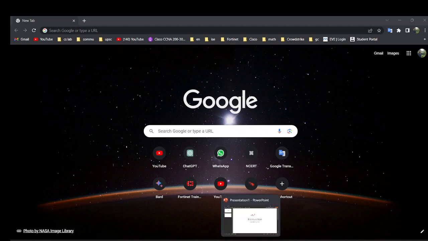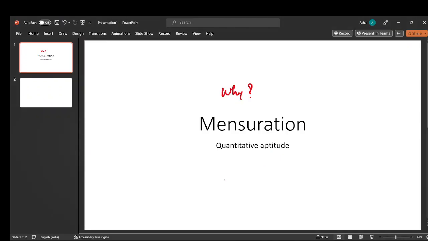Do you know, when you try to study mensuration, you will get three types of problems. First one is perimeter. Then what is perimeter? How can we understand perimeter? Can we find the perimeter?